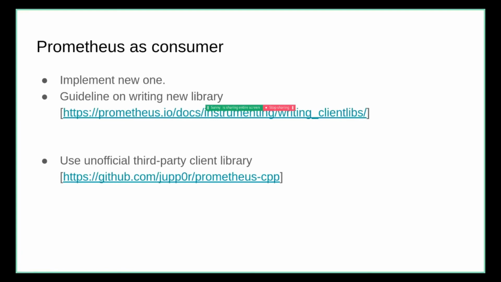As I said earlier, no official C++ client library is available. So we can implement a new one, for which the guideline is pretty much available and well documented in the Prometheus official documentation. Or we can use an unofficial one which is already available and written in C++. One such library is this one, Prometheus C++.